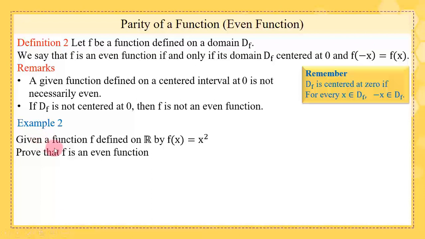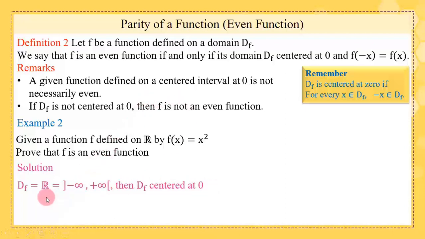Example 2. Given a function f defined on R by f of x equals x squared. Prove that f is an even function. Solution. First of all, the domain of definition is R, which is equal to minus infinity, plus infinity. Then D of f is a centered interval at 0. Now we study the parity of f.